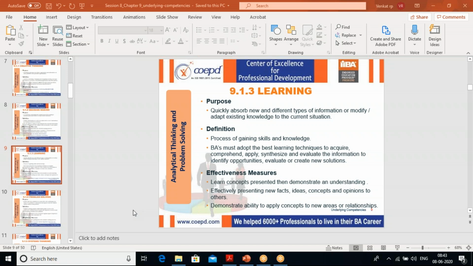This learning is very, very important for us, because to understand new things, you have to learn the underlying concepts, learn the underlying process, and adapt to it. For that you have to learn it.